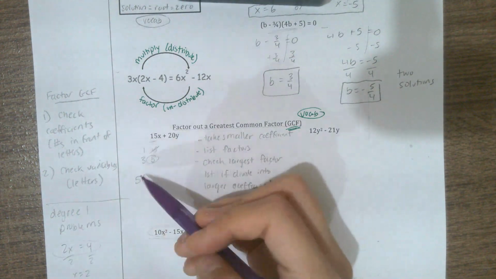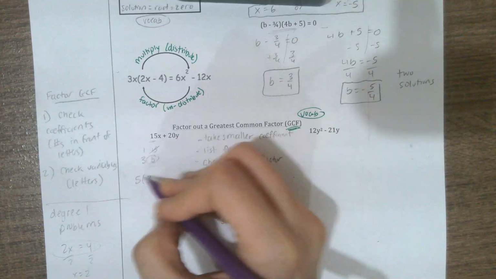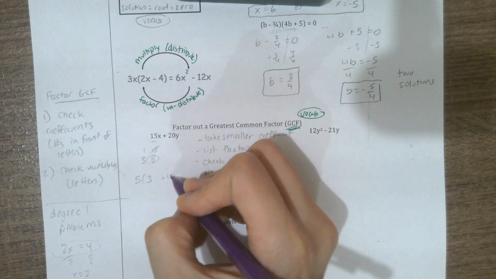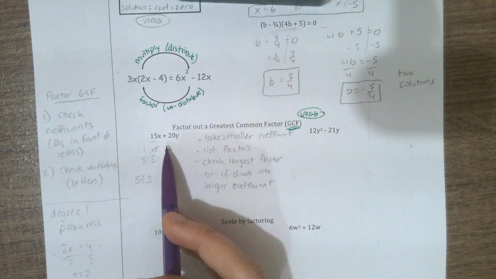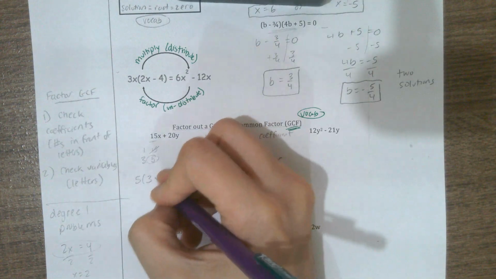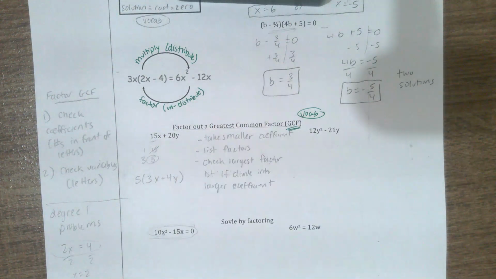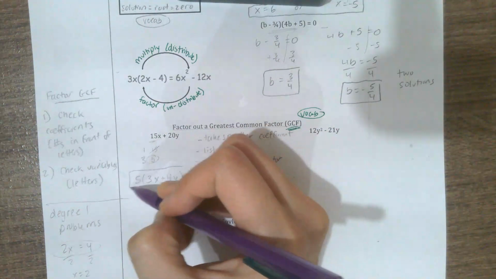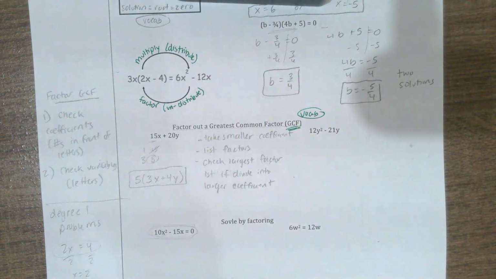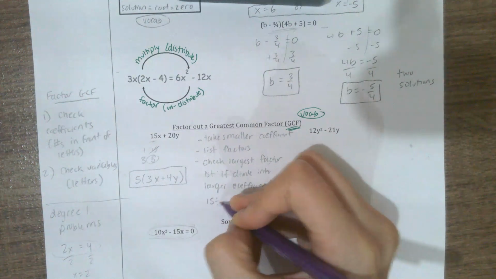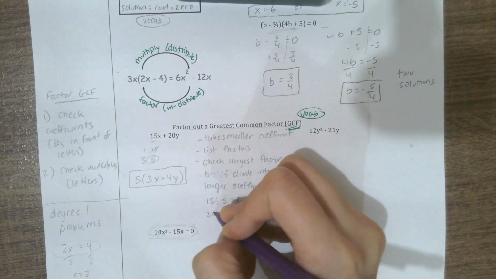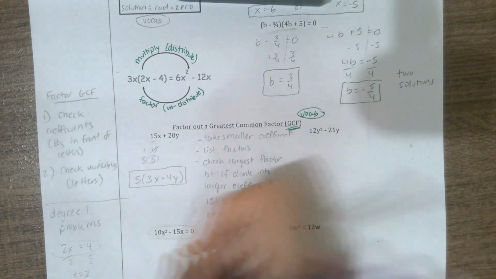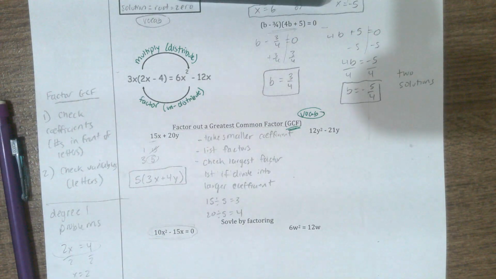So 15 divided by 5 is 3. 20 divided by 5 is 4. And if we look here, there's no common variables, so we're just going to leave them. So this is our answer. And to show the math real quick, 15 divided by 5 equals 3. 20 divided by 5 equals 4. And that's where these numbers come from.